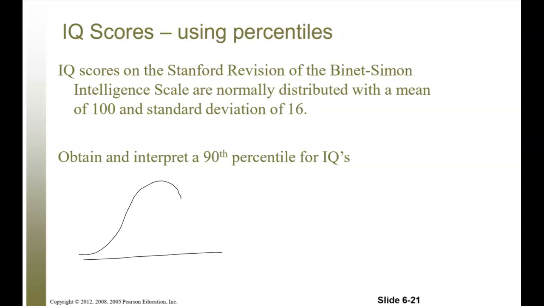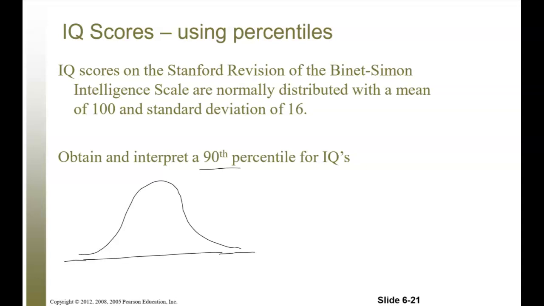You might have remembered taking standardized tests back in grade school and high school and middle school, and they said, hey, you scored better than 76% of all the people that took this test. That's kind of what we're doing right now. What score would I need to get to my 90th percentile? So to do a 90th percentile, well, that means 90% of my data is underneath.